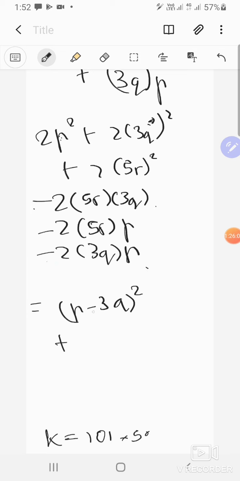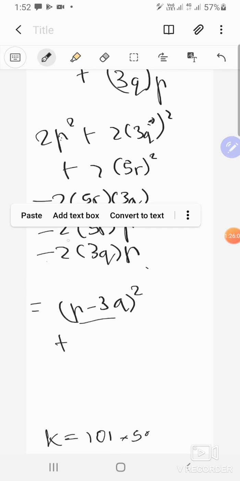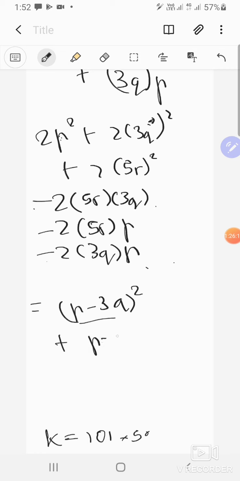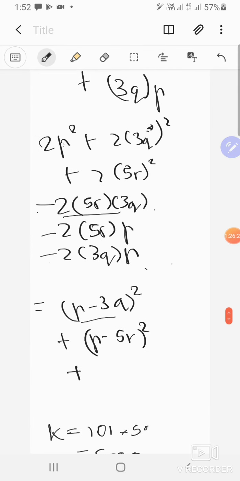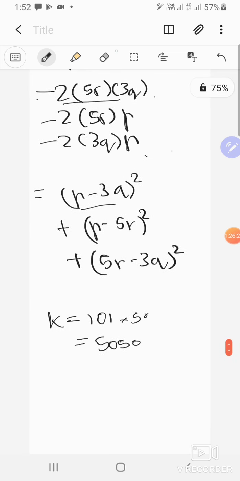You get this thing, and then take one more p, put it over here. So p squared minus 2 into p into 5r, so you need a 5r from that, so put it over there. So that becomes (p minus 5r) squared. And similarly, the last one is going to be (5r minus 3q) squared. Okay, that's nice.